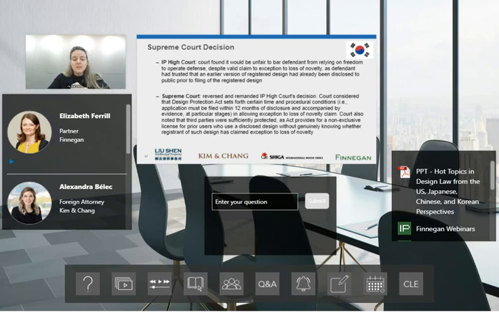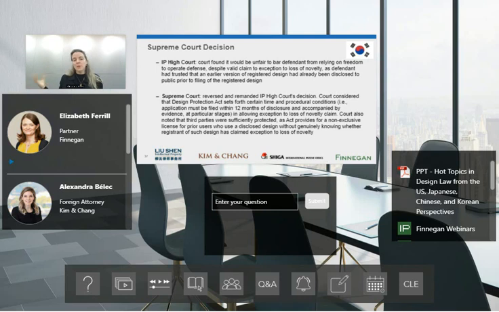So going back to the decision, the court also noted that third parties were sufficiently protected because the Act provides for basically a statutory non-exclusive license for parties that started to use their own design prior to the filing of the design registration, as long as it was done genuinely.